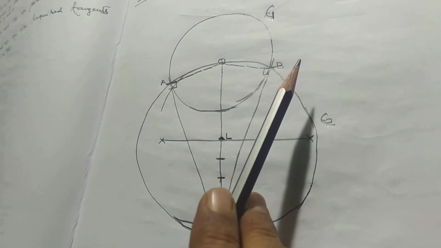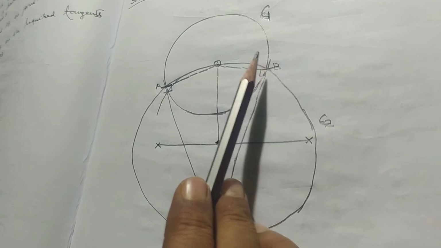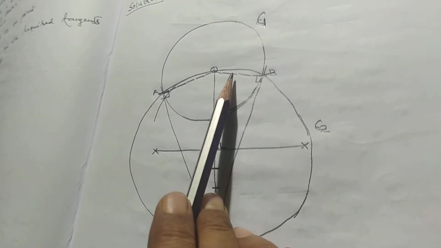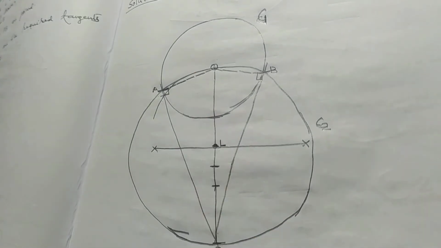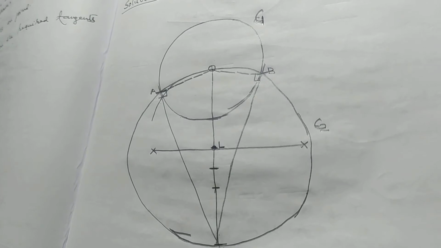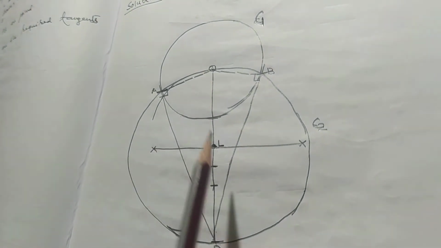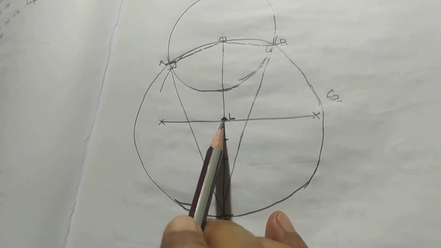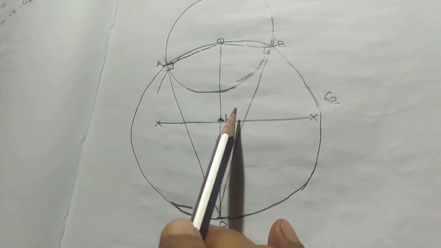My dear students, I want to again repeat it. We draw a circle C1 having radius 6 cm and center O, and produce it up to P, so that the distance of OP is 10 cm. Now we draw perpendicular bisector of OP, and L is a point of perpendicular bisector.